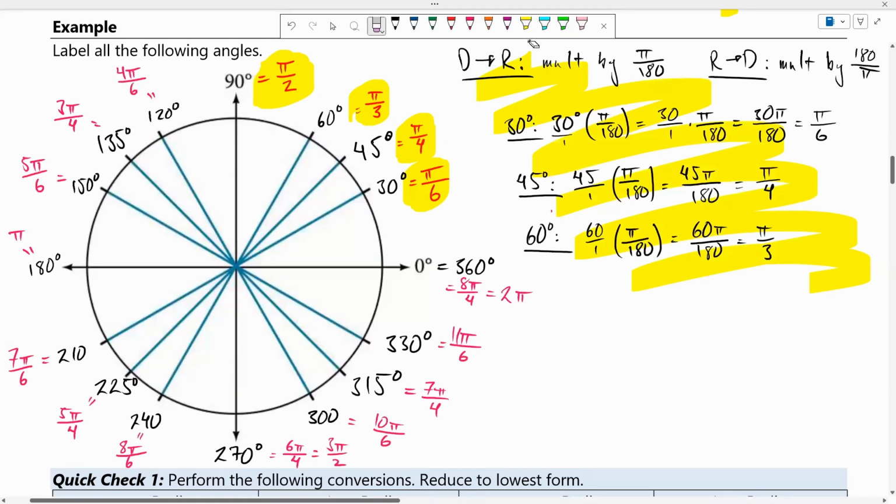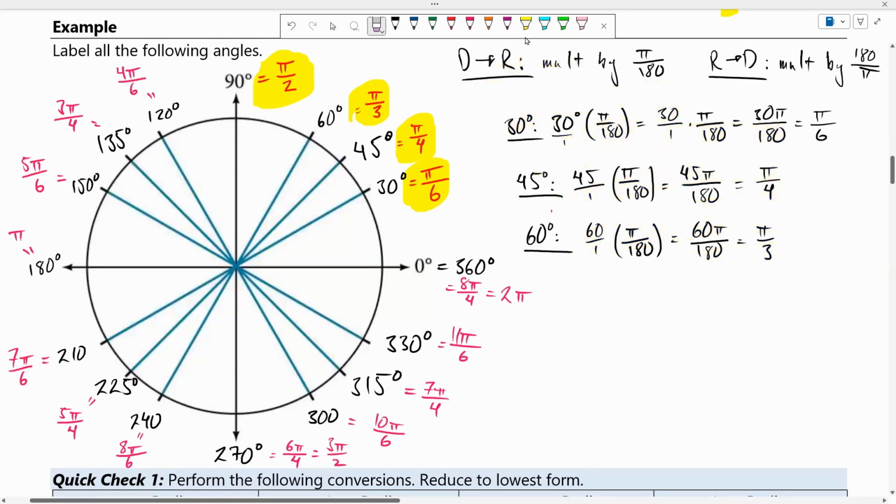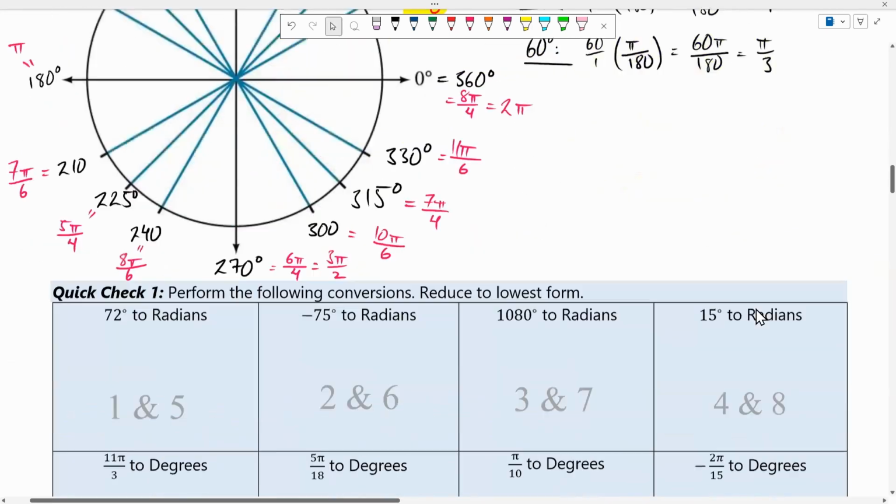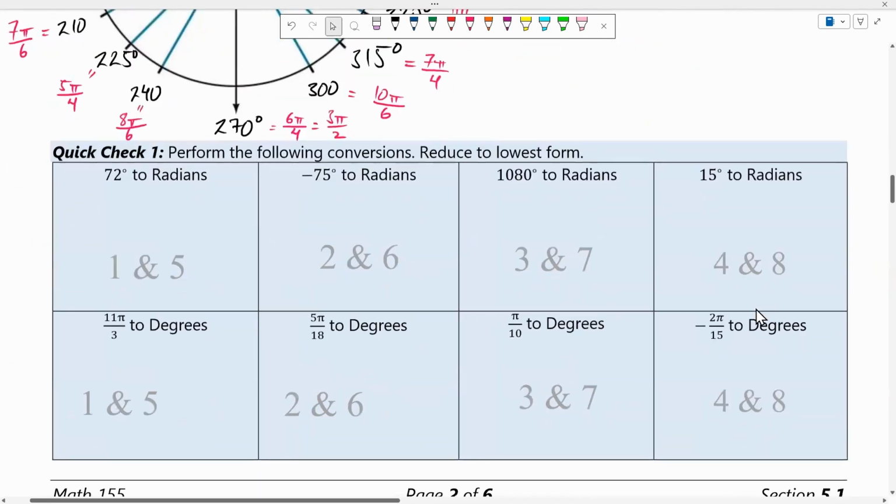Okay, so the first thing I want to do for practice for everybody is to make sure that you guys can convert from certain angles to certain radians and back. So if I give you a radian angle, give me the degrees, and if I give you degrees, give me the radians. Got it?